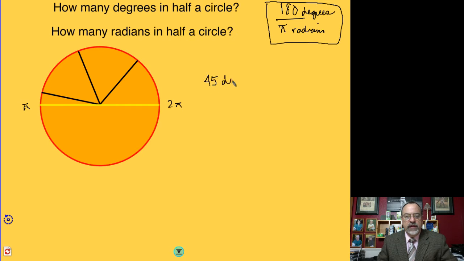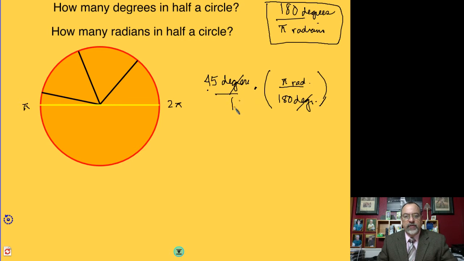How many radians is that? We need to multiply this by something that will make the units of degrees eliminate and leave me with radians. So I'm going to use this unit multiplier, and put 180 degrees in the denominator, because then the degrees reduce, and that's pi radians.